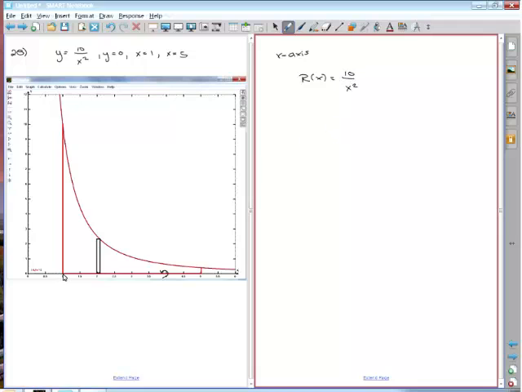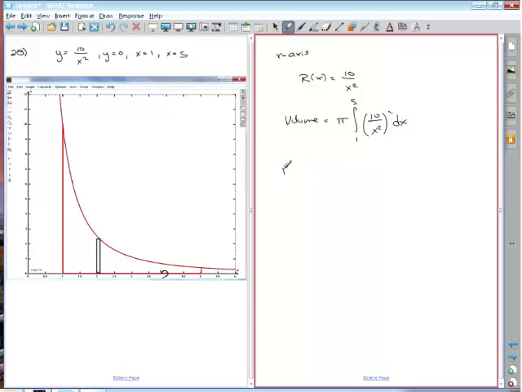Our limits are going to be from x equals 1 to x equals 5. So the volume using the disk method is pi times the integral from a to b. In this case, a is 1, b is 5, of r of x, quantity squared, dx.